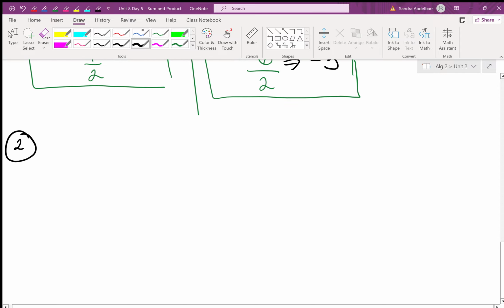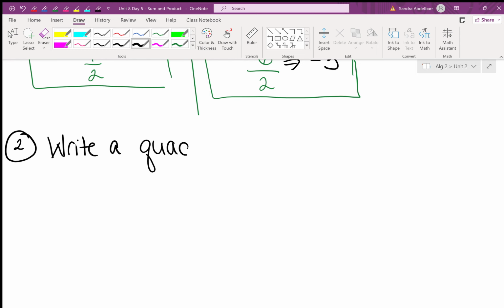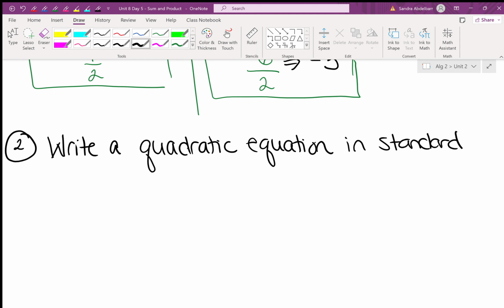Okay, so now I want us to write a quadratic equation in standard form that has the given roots.